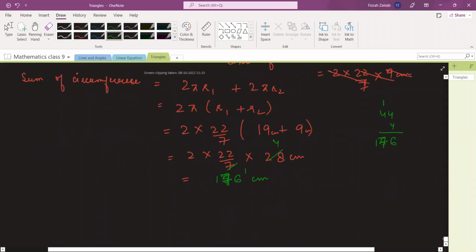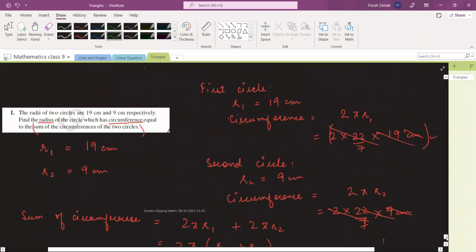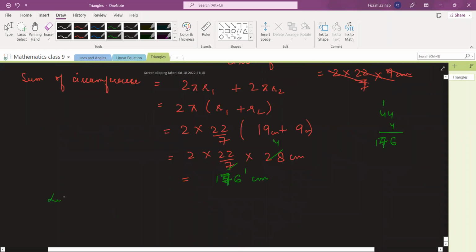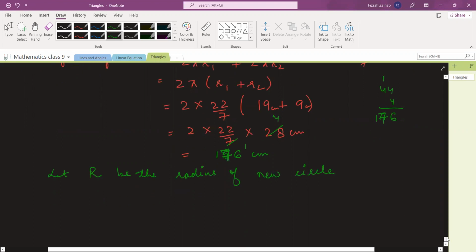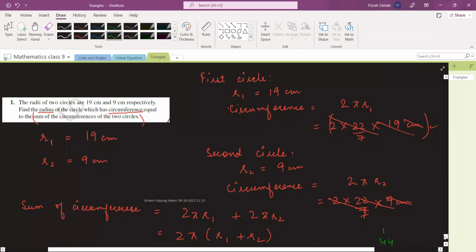Now, according to question, what is given? Now you say that let capital R be the radius of new circle, right? So we denote it by capital R. Now what is it saying? Find the radius of the circle. So capital R you have to find. Which has circumference equal to sum of the circumferences of these two circles.